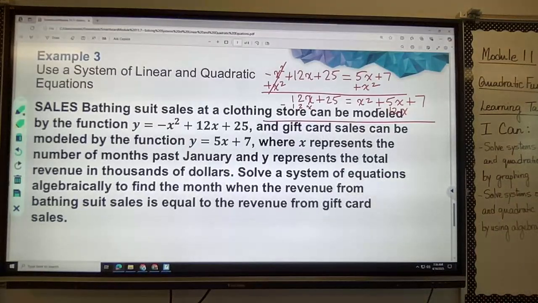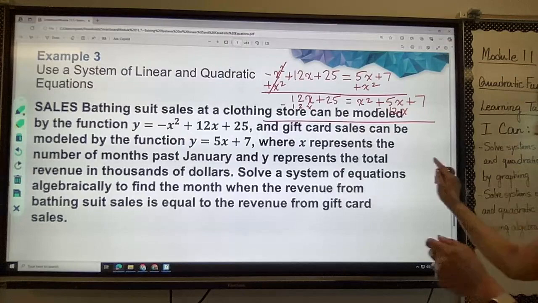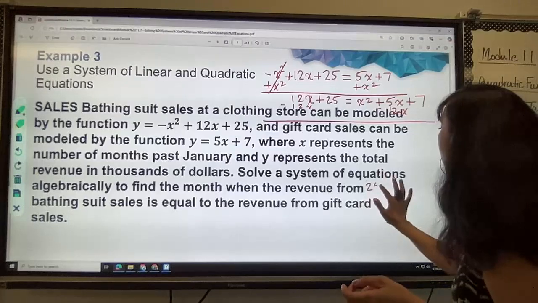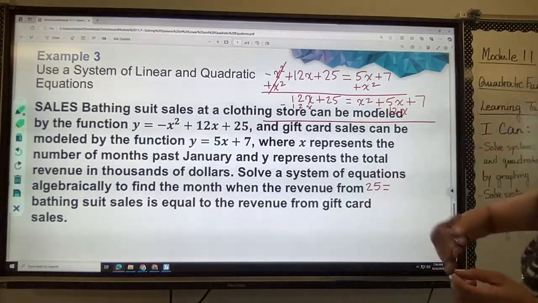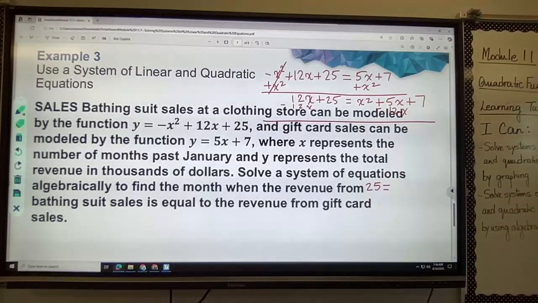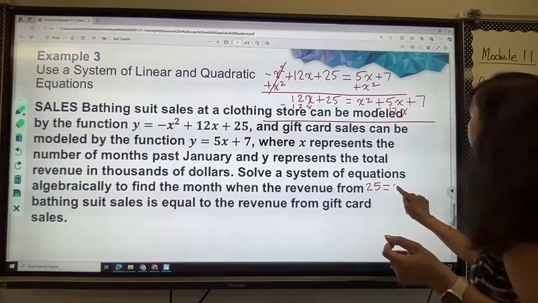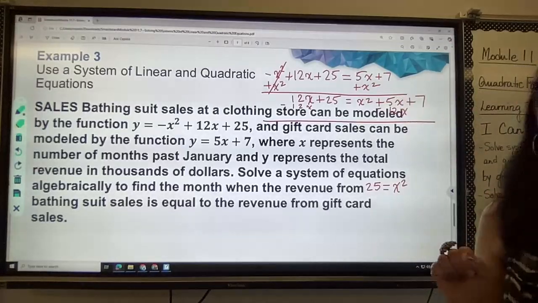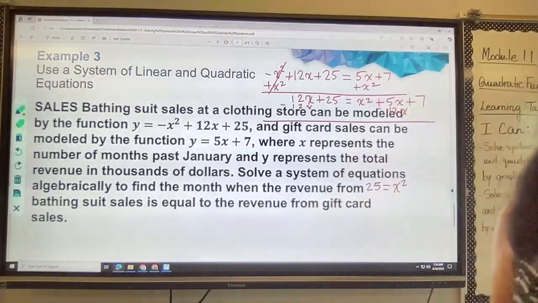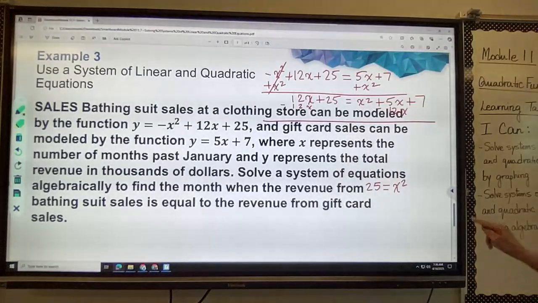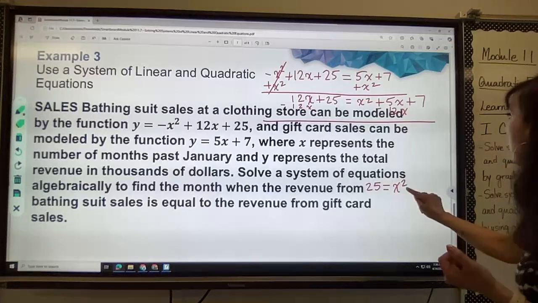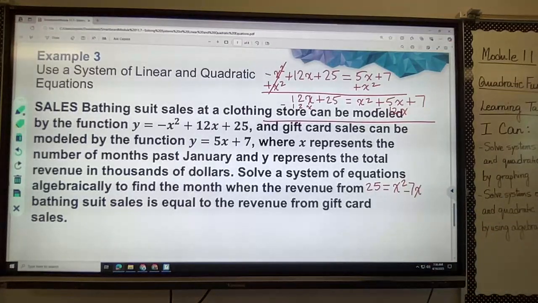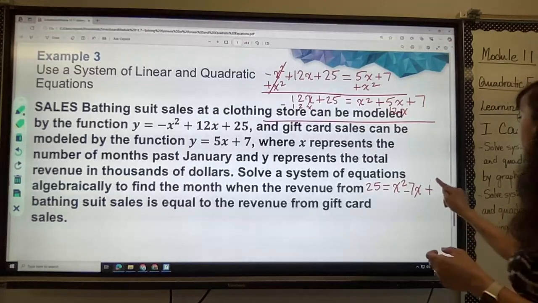So I'm left with 25 is equal to x squared, and then this is minus 12 and that is plus 5. So we are going to subtract the two, and I get minus 7x, right? Minus 7x, and then I have plus 7.